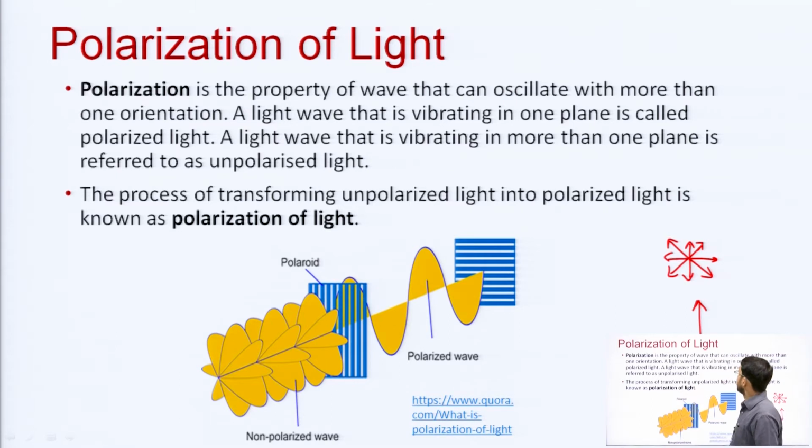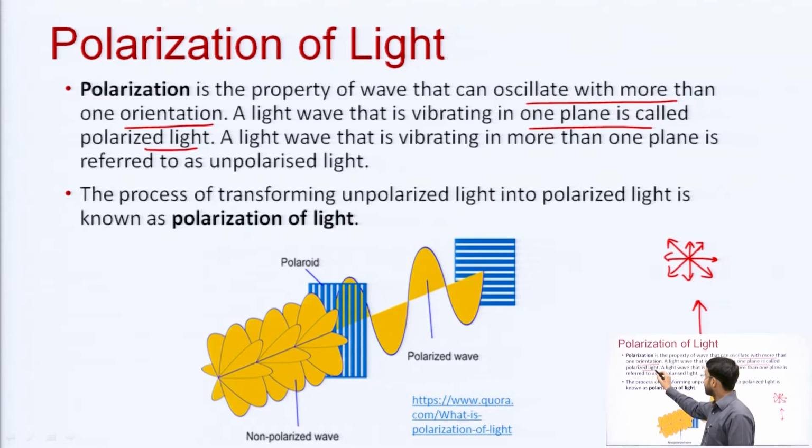So, it is a property of wave that can oscillate with more than one orientation. A light wave that is vibrating in one plane is called polarized light, okay, and a light ray that is vibrating in more than one plane is called unpolarized light. Okay.